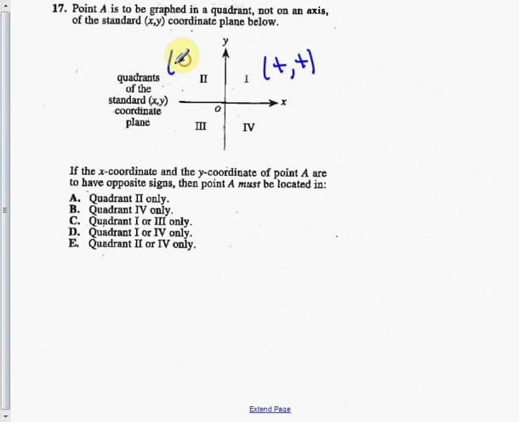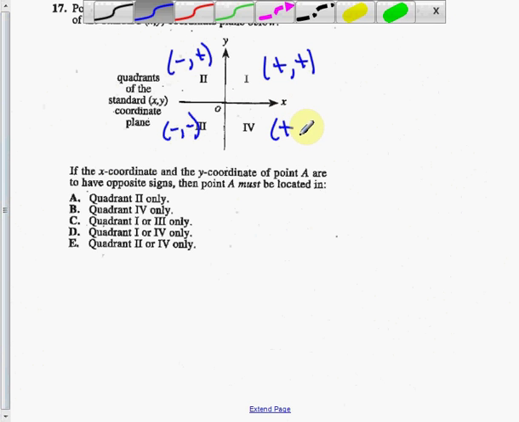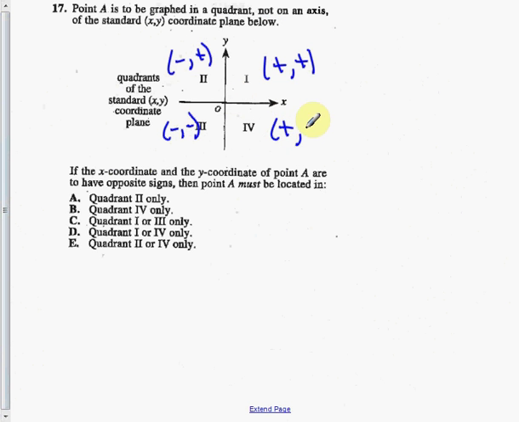The second quadrant, X is negative, Y is positive. The third quadrant, X is negative, Y is negative. The fourth quadrant, X is positive and Y is negative. So what quadrants? 2 and 4, right?